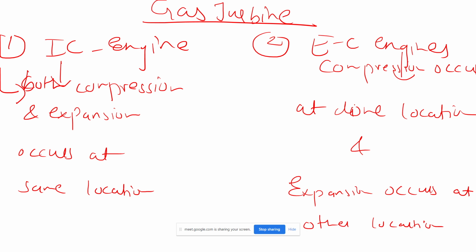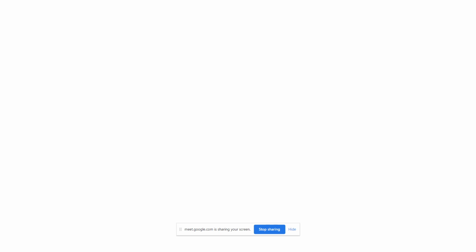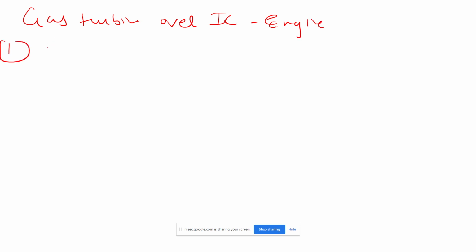Based on this, we can determine the advantages of external combustion, or you can say the gas turbine, over the internal combustion engine. The first advantage of the gas turbine over the IC engine is that the mechanism is relatively simple, because compression is taking place at one position and expansion at another.